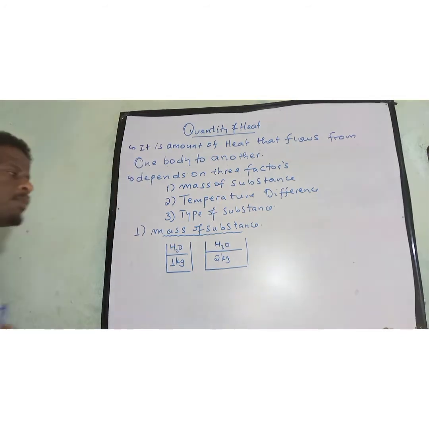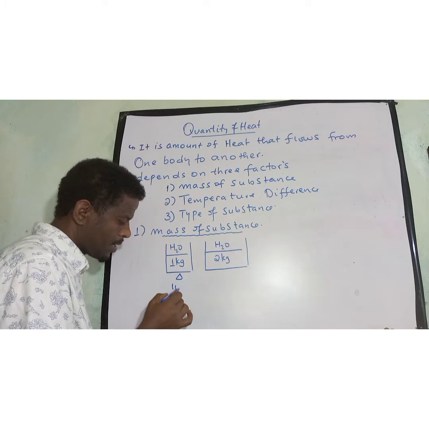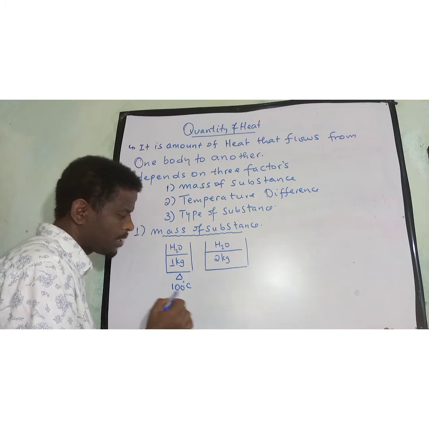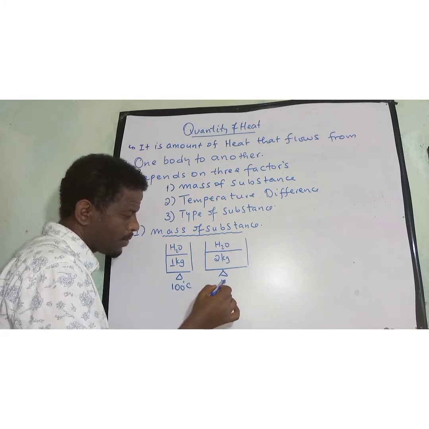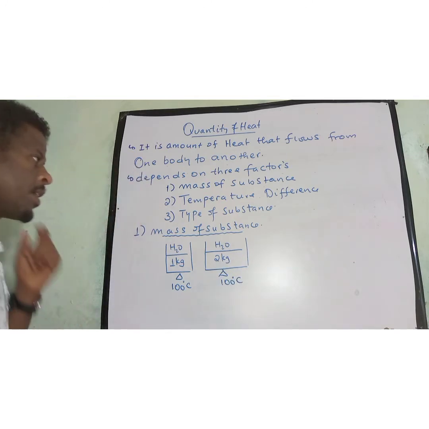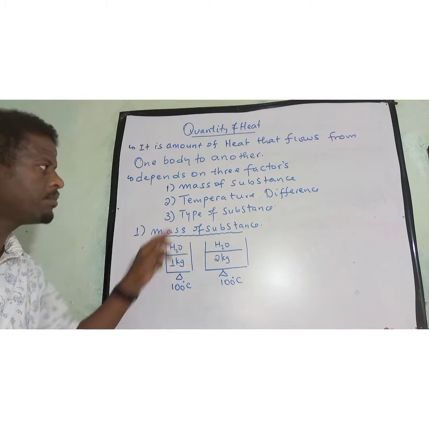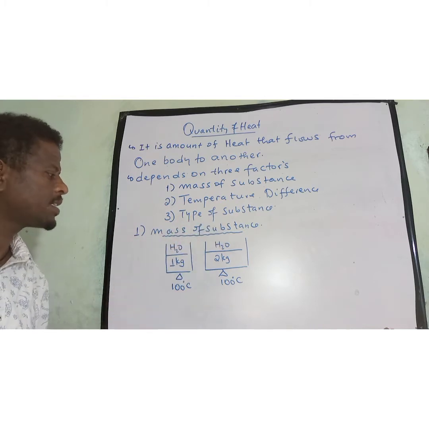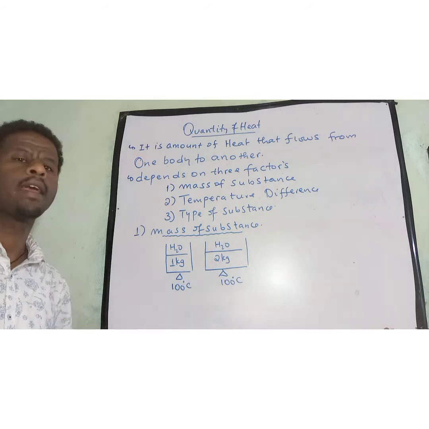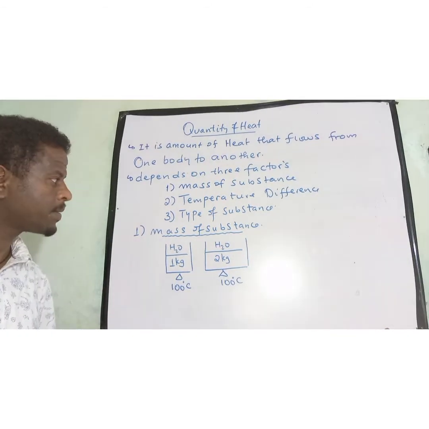Now both are heated to the same temperature, 100 degrees Celsius. Here, the type of substance is constant, the temperature is constant, but the mass is different.